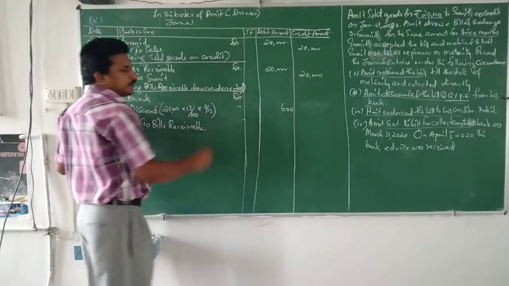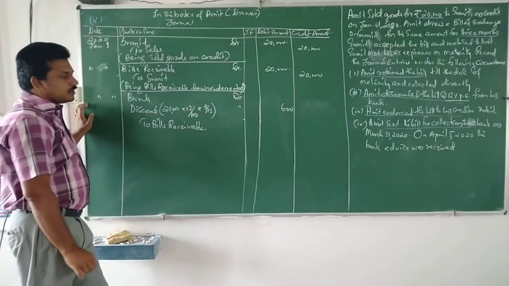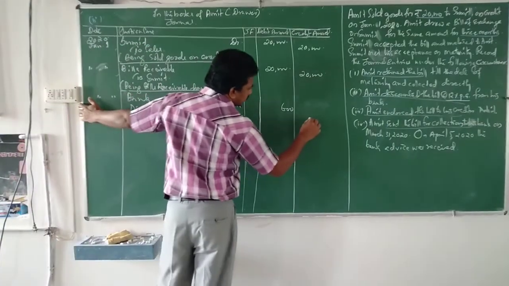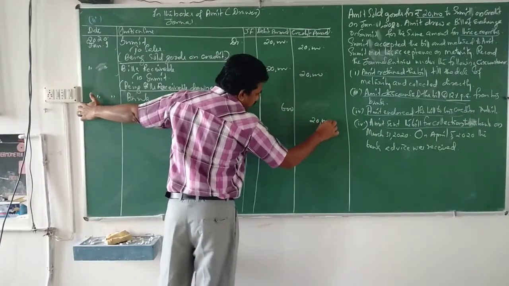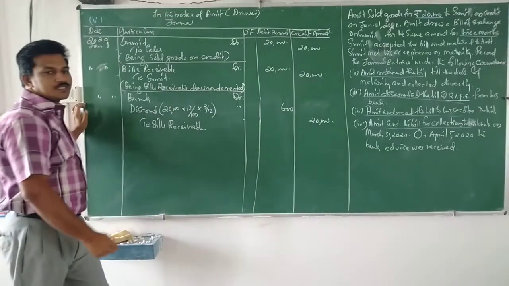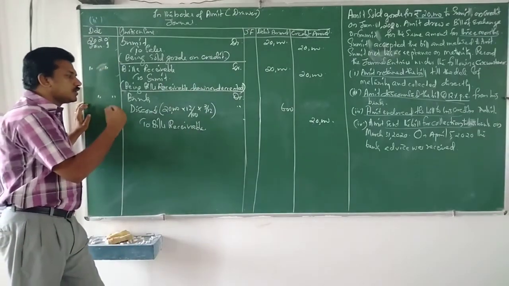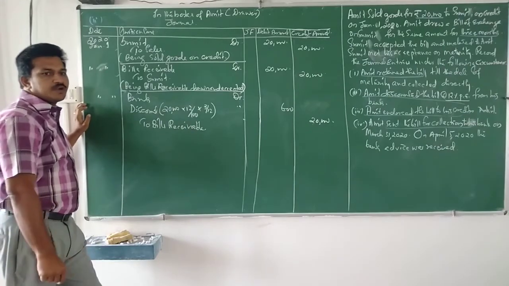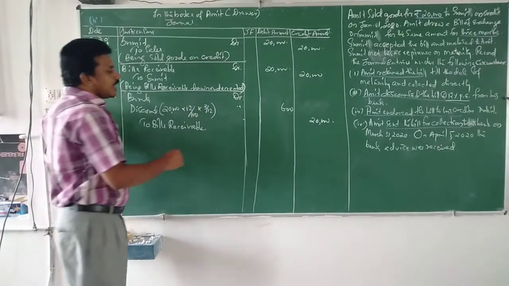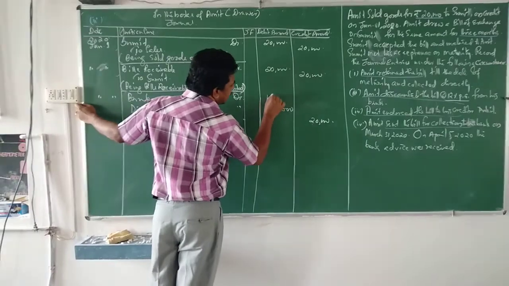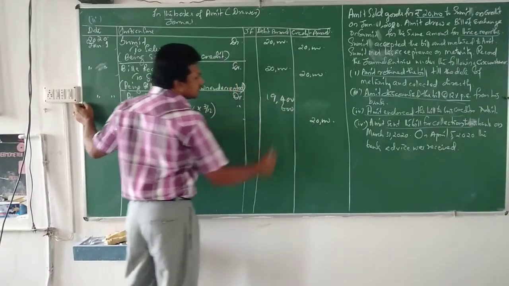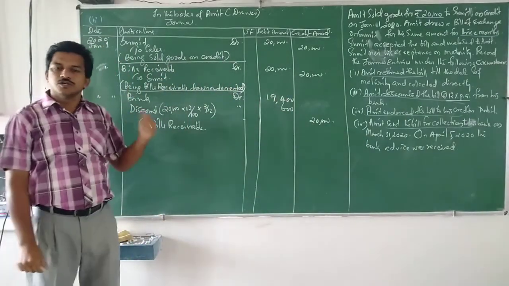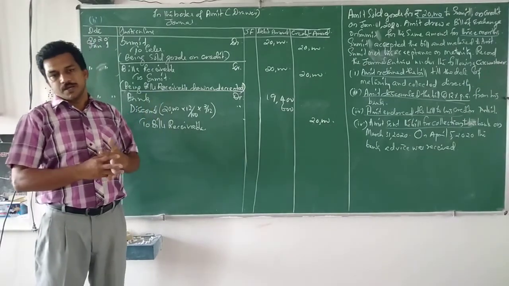We have to pay that, that is our loss. Out of the total amount 20,000, 600 will be deducted by the bank and the remaining will be given. So the bank will give 19,400 rupees.